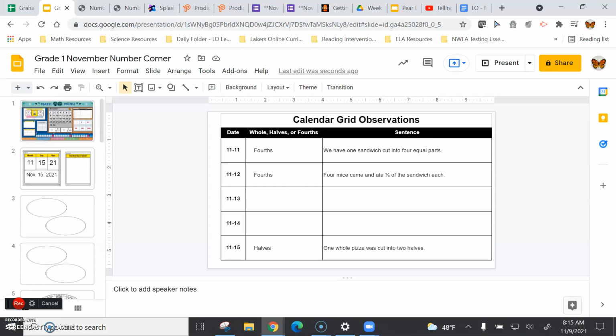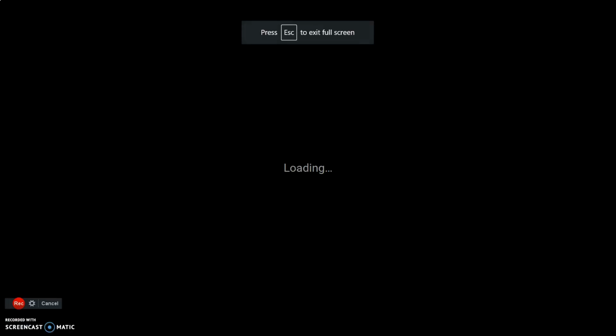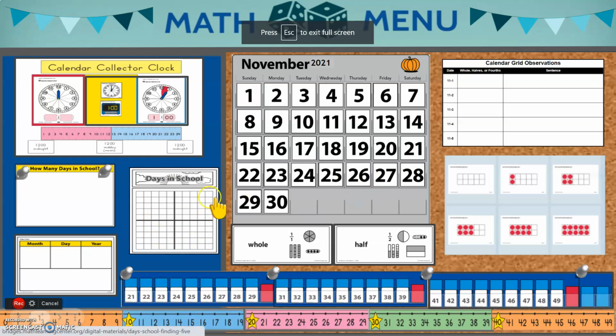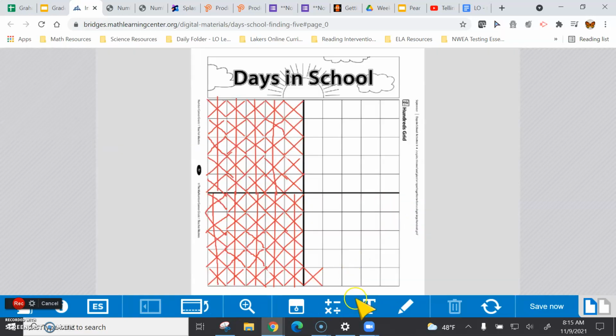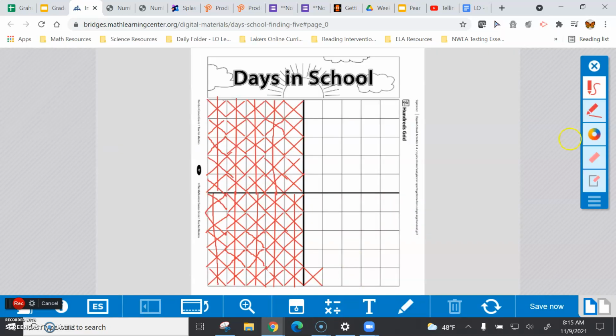Now, let's go back up to our information. We need to add another day in school. Wow, time is going by so fast. We have more than half of our days in school chart filled in.